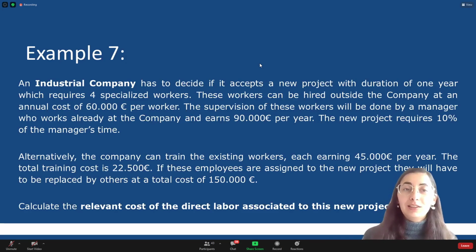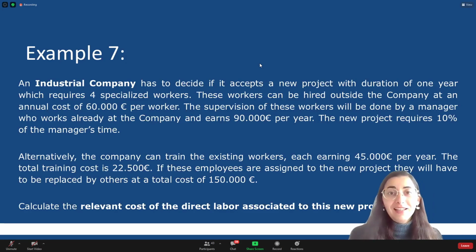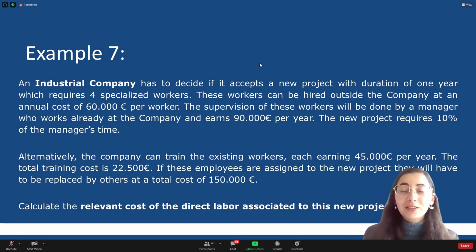This is interesting because in companies we don't always have the full information. And this is just like this example. We are assuming that he's doing nothing, but maybe he's doing something and he will feel overloaded. But we don't have that information.